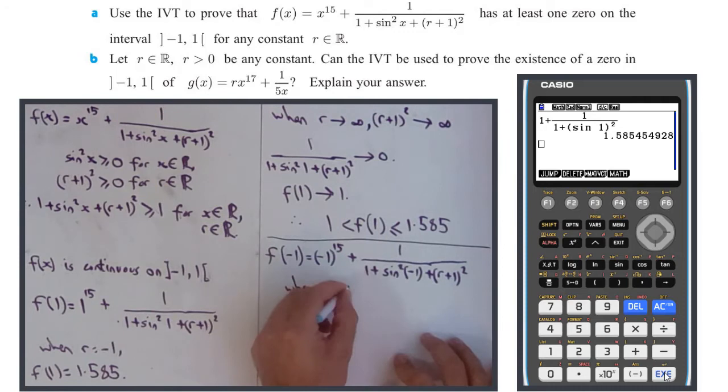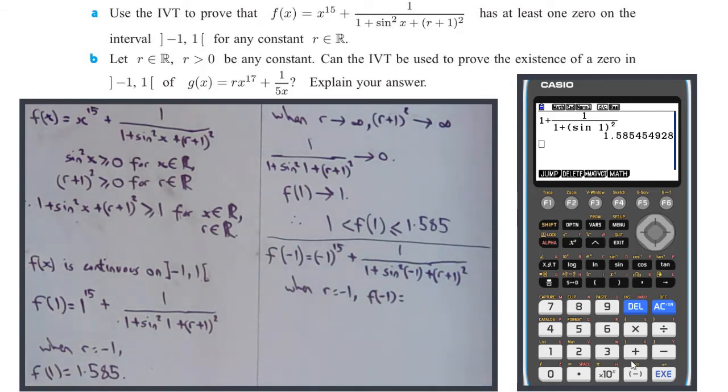So when r equals -1, f of -1 equals, let's just put it in. It's -1 to the power 15, which was -1, plus 1 over 1 plus sine of -1, and then we square that, plus 0.